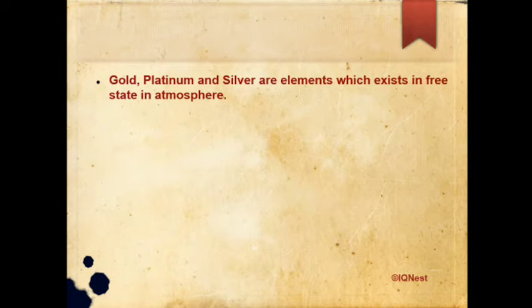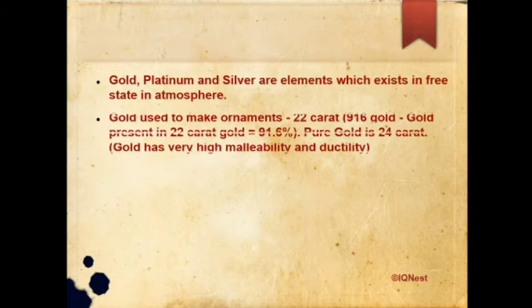The next point, gold, platinum and silver are elements which exist in free state in nature. The next point, gold used to make ornaments of 22 carat, that is 916 gold.